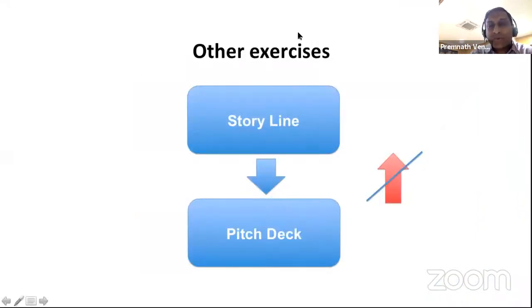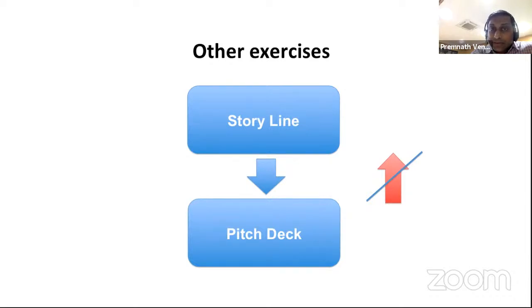Okay, the last point I want to make is, all of you have submitted storylines. If you have not, please do. The reason we are telling you to do one more thing that Mugdha is going to send you is instructions on planning your pitch deck. And hopefully on 4th September, you'll be doing the pitches, right?